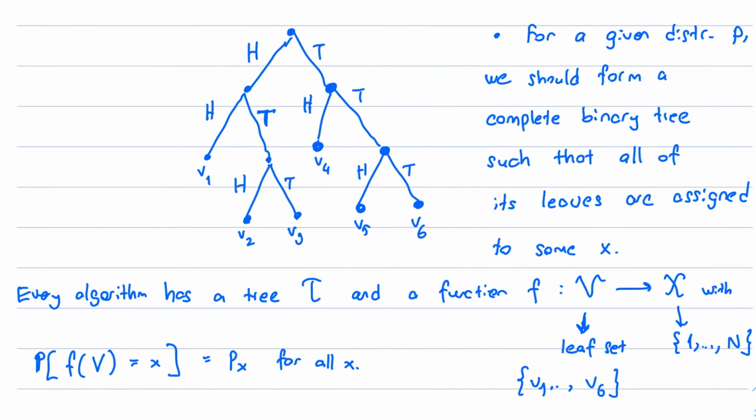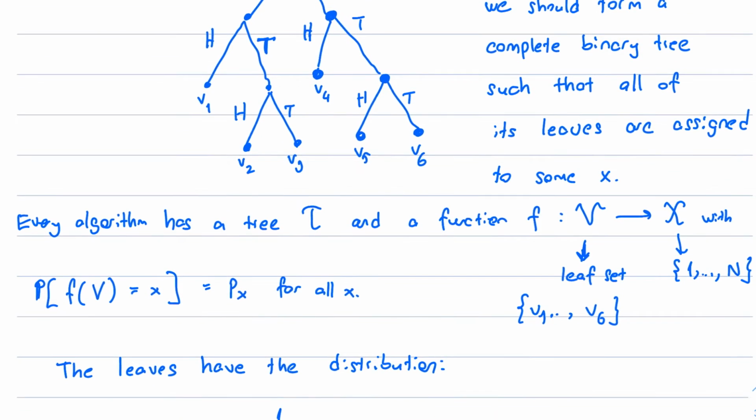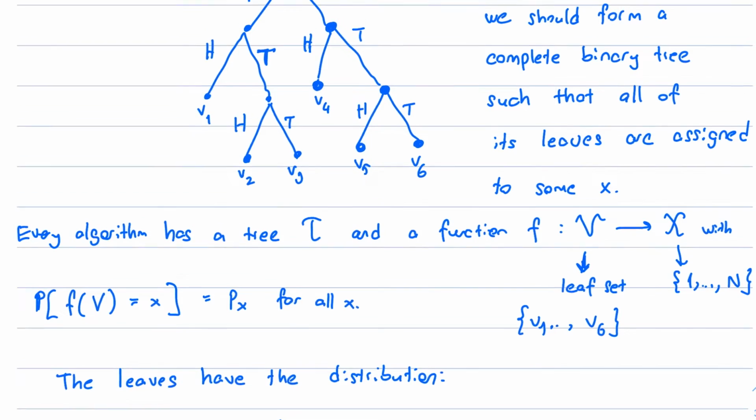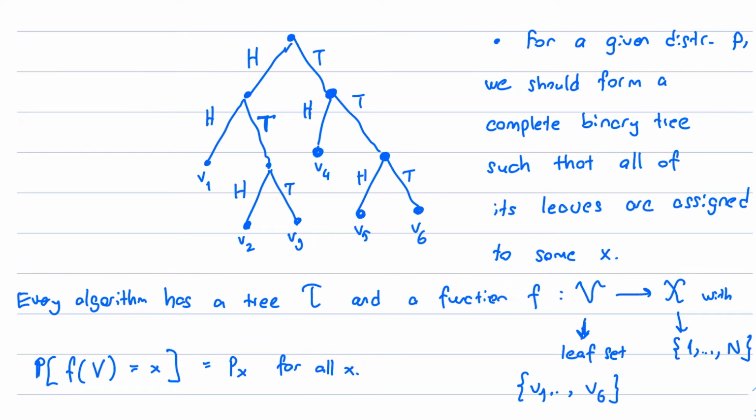And this means that every algorithm has a tree T and a function f from the leaf set V, for this example from V1 up to V6, to the alphabet X, which is 1 to m, so that the probability of f of V equals x is equal to px, so that we guarantee that we generate random variable X.